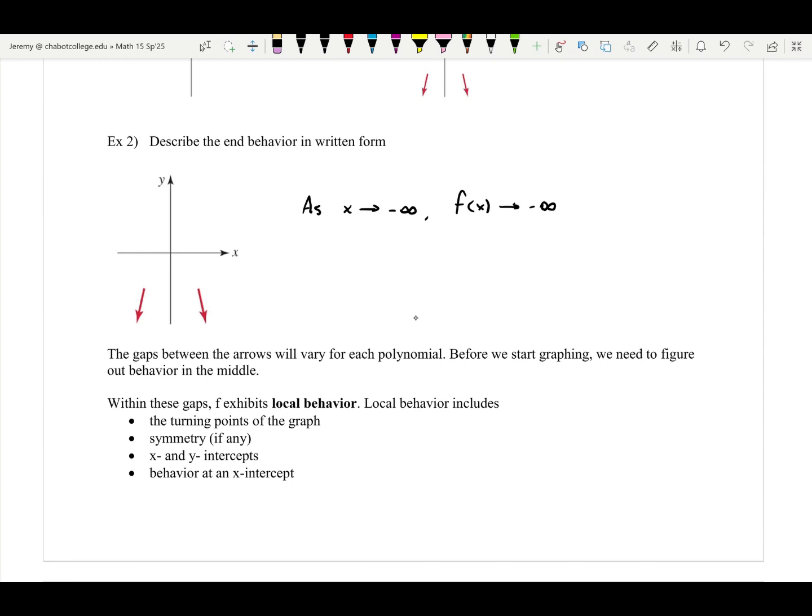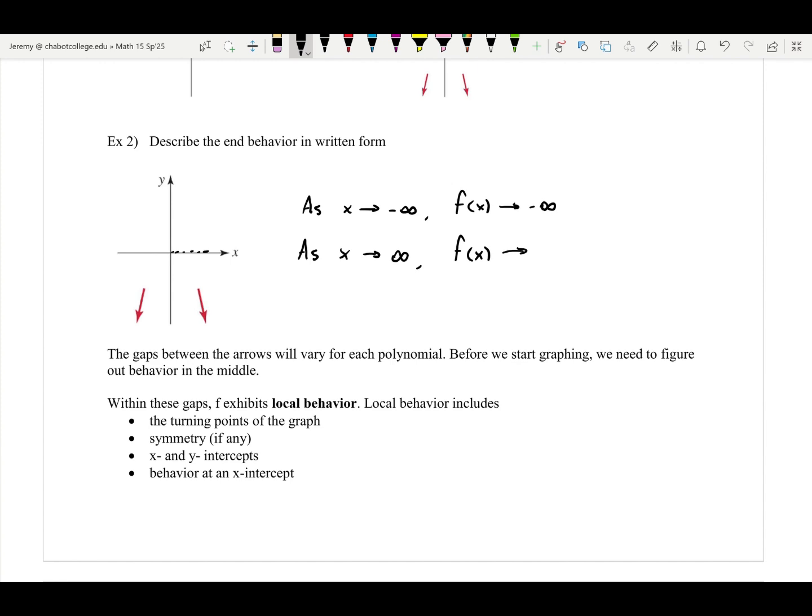Okay, so now if we want to describe what's happening to the right, we say as x approaches infinity, so positive infinity this time, f of x approaches what? What do you think? As x gets larger, as we plug in large positive x values, what is happening to the y values or the f of x values?